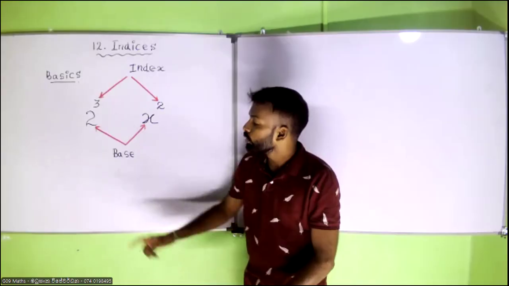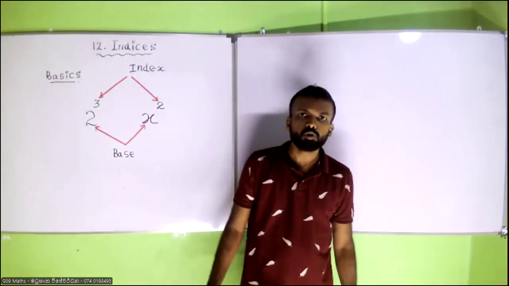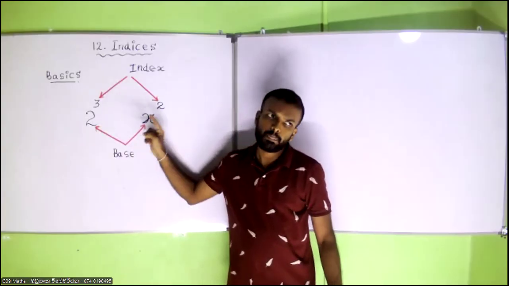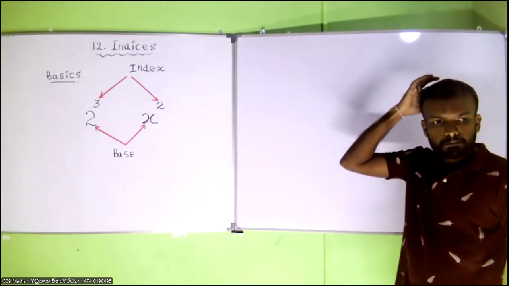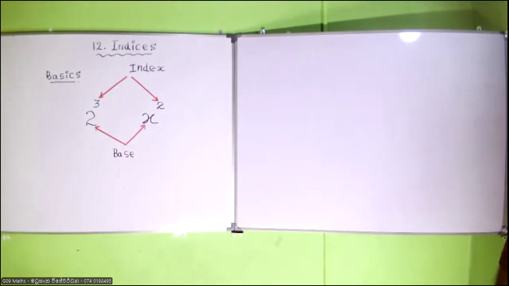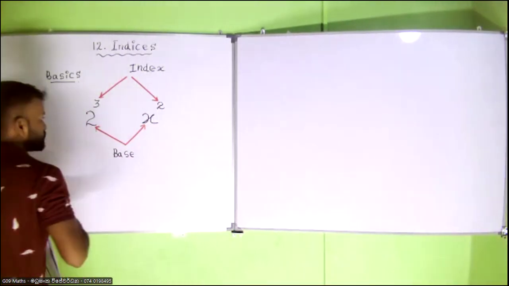One thing. How to read this one and this one? Can anyone tell? 2 to the power 3, excellent. And x to the power 2.